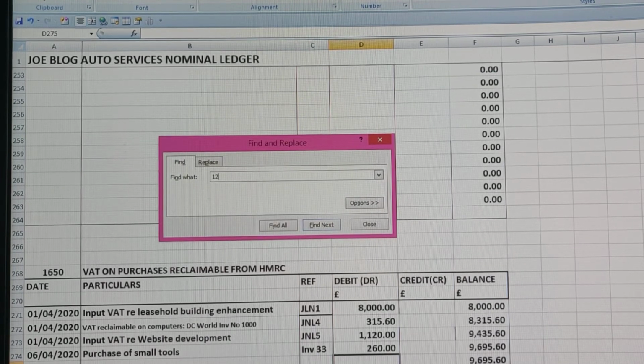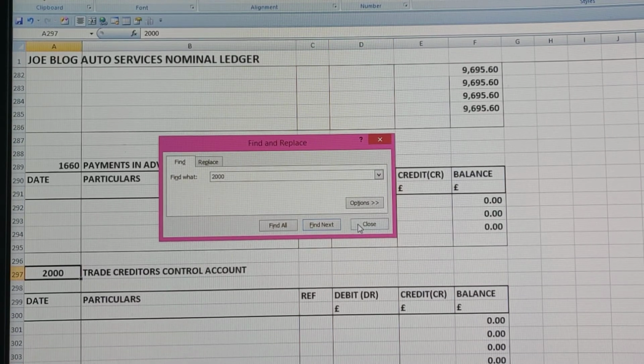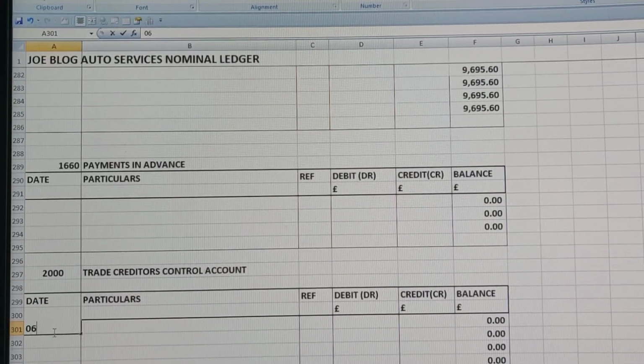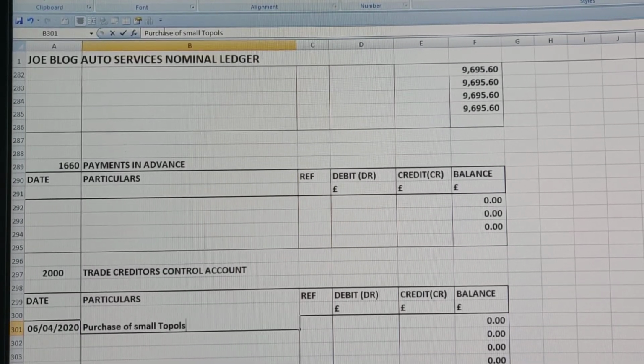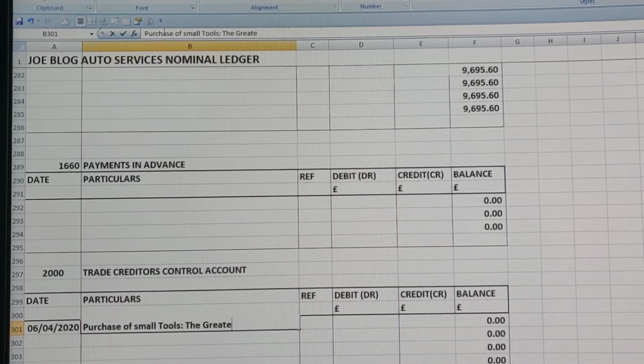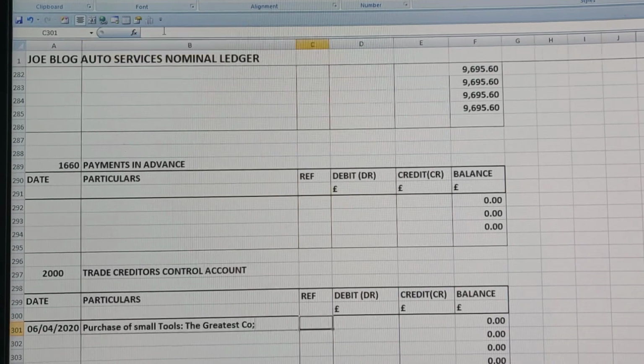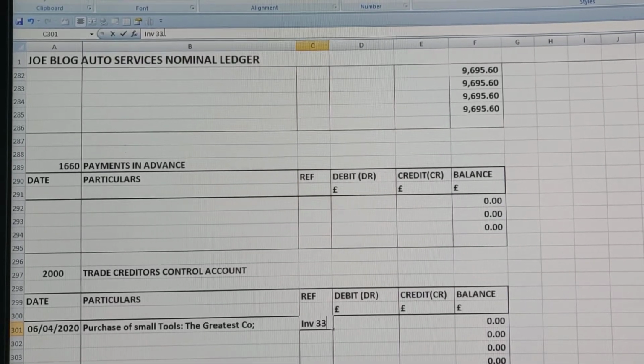So account 2000. Again, 06/04/2020, purchase of small tools, the supplier company, invoice 33.